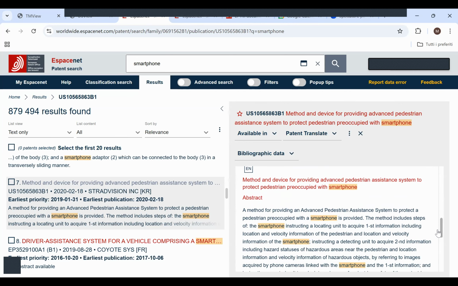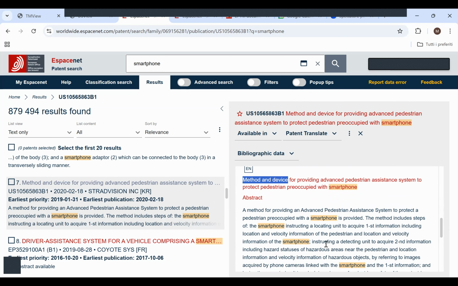Then you have the description. As you can see, this is a method and device, so it's both. Normally, when you file something, you try to file both, and in most cases this is possible, because you develop a new product. But when you develop a new product, probably you develop also a process and method to use it.